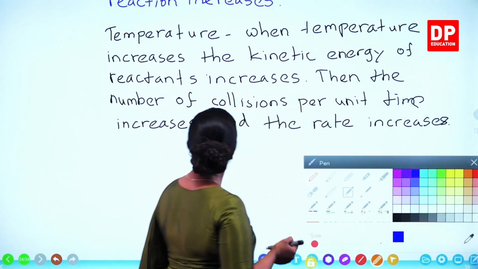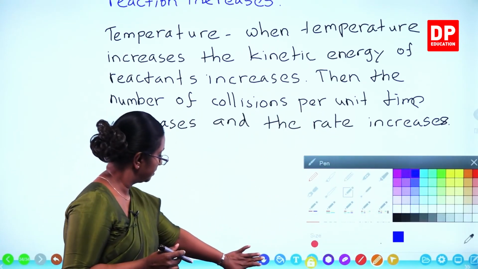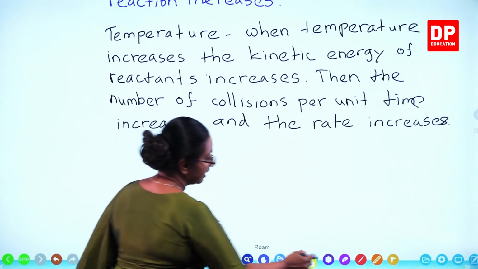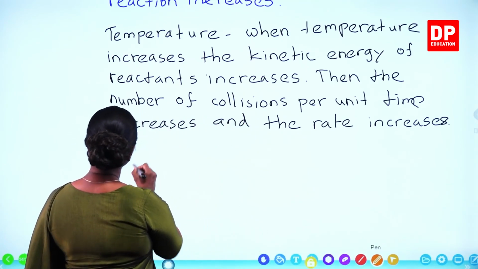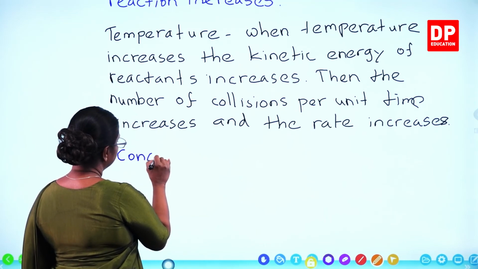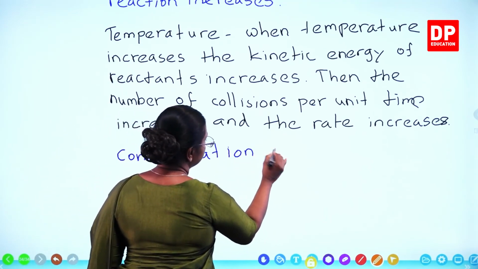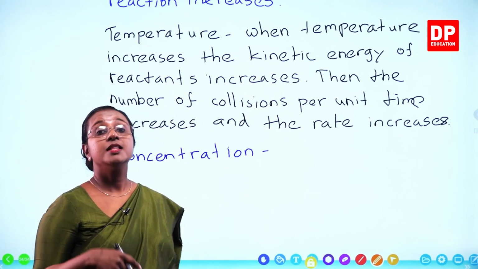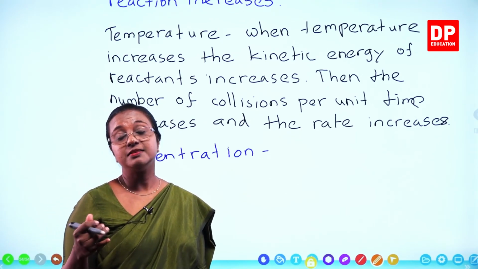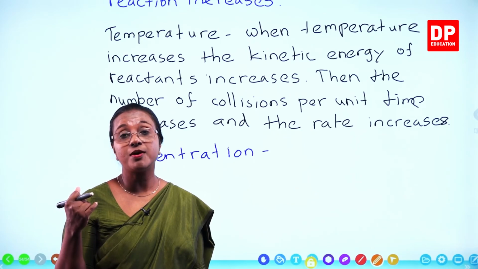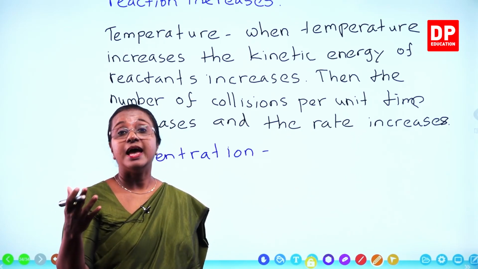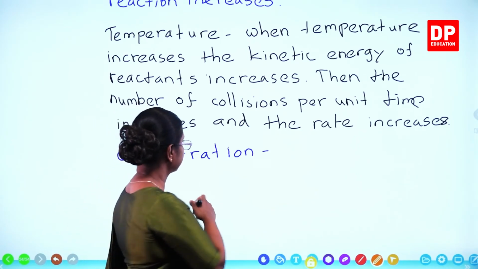The next one, we have written surface area, then I have explained temperature, then concentration. So when concentration increases, what happens? Concentration increases, the number of reactant particles increases, again therefore the number of collisions increases and the rate of reaction increases.